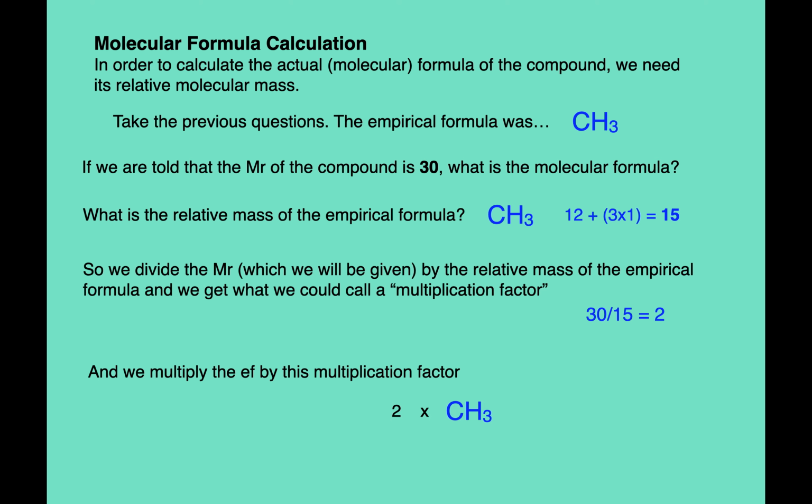The empirical formula is CH3. If I multiply everything in that formula, 2 times C and 2 times H, so 2 times 1 is 2, 2 times 3 is 6, I get the molecular formula C2H6. It's again mathematics, distribution of this 2. So I've now got 2 carbons and 6 hydrogens. And that gives me the molecular formula.